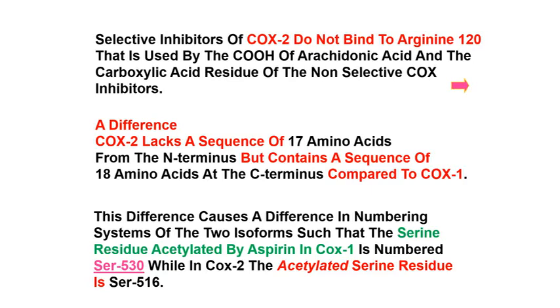This serine in COX-1 is present as serine 530, while in COX-2 it is serine 516, and this is of course because of the switching of places of the 17 amino acid residues as we just mentioned.